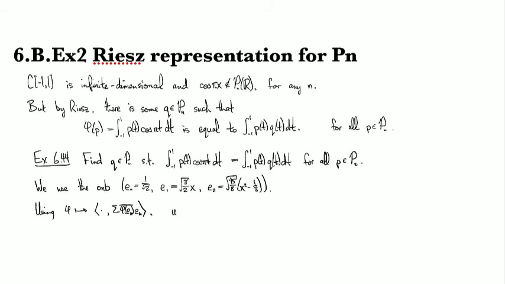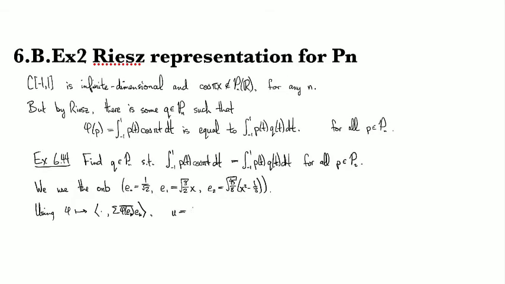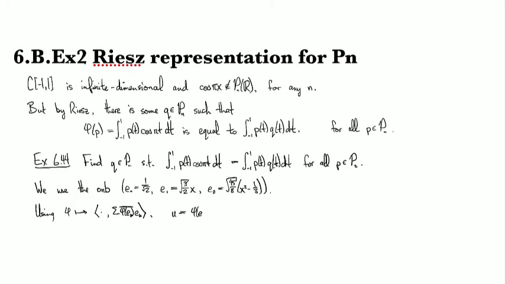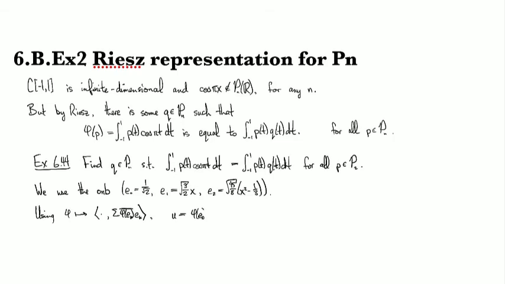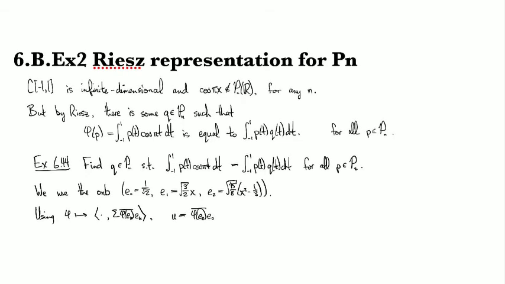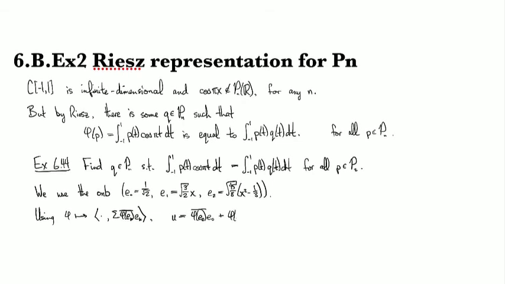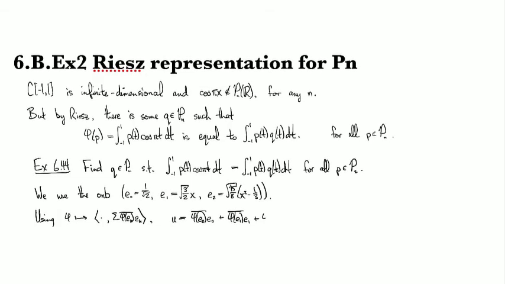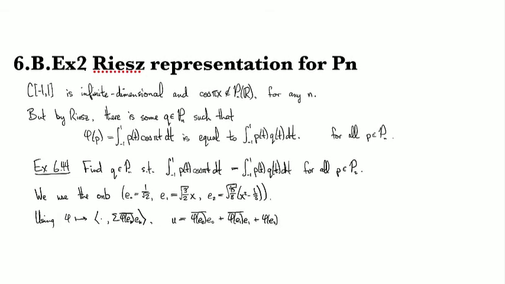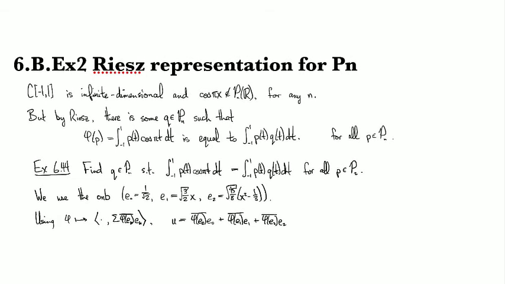So we can define u to be, in this case we're only going up to the n equals 2 case, phi of E0 times E0 plus phi of E1 conjugate times E1 plus phi of E2 conjugate times E2.